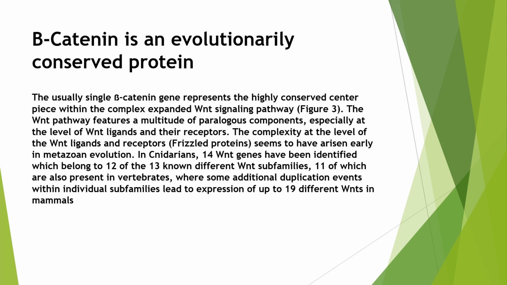In evolution, Wnt genes have been identified which belong to 12 to 13 known different Wnt subfamilies, 11 of which are also present in vertebrates, where some additional duplication events within individual subfamilies lead to expression of up to 19 different Wnts in mammals.